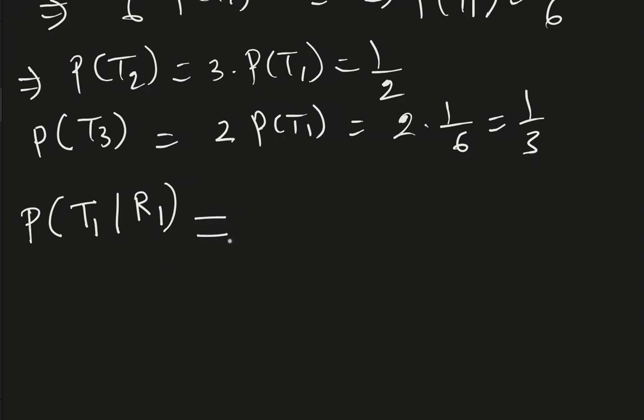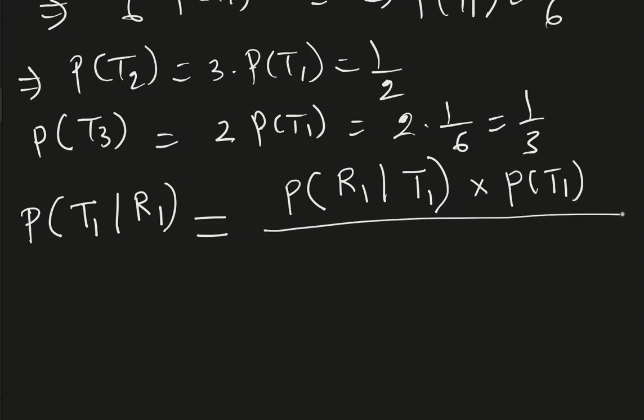So we use Bayes theorem here. That means what is the probability that I transmitted a signal through channel T1 and got R1, into P of T1, divided by the probability that I am getting a signal R1?